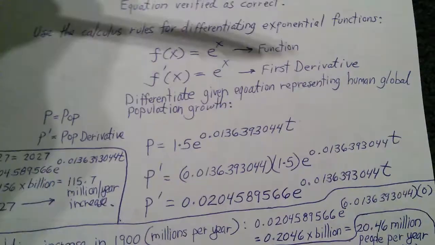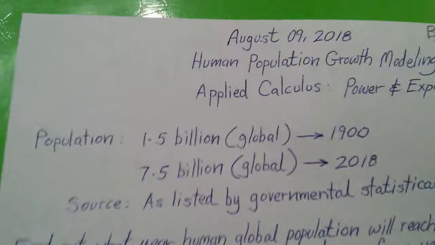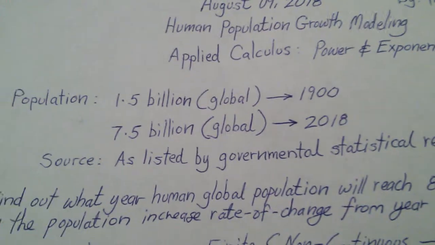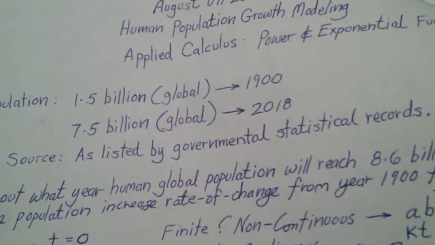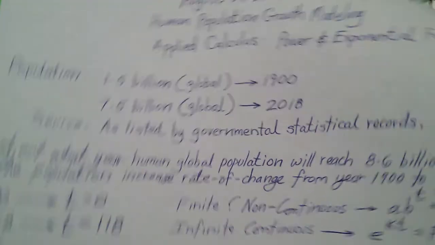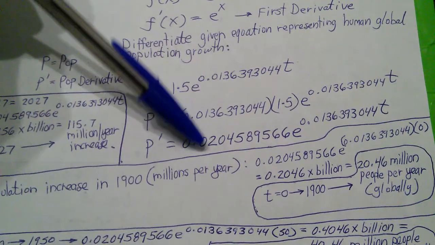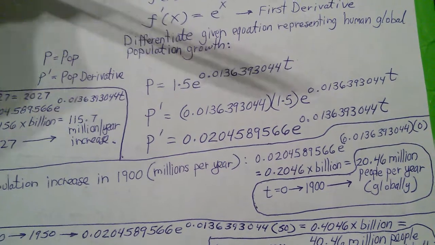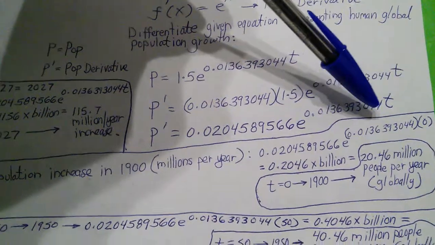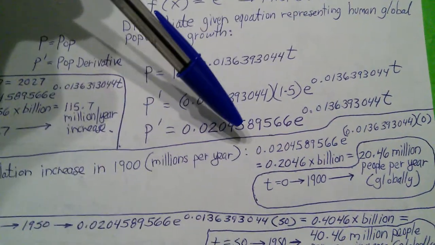That is assuming the original information here about global population statistics is accurate and reflects the actual population record of the Earth. So now, using this derivative of the mathematical model of population growth, we can enter in the year and know the rate of change in that given year.